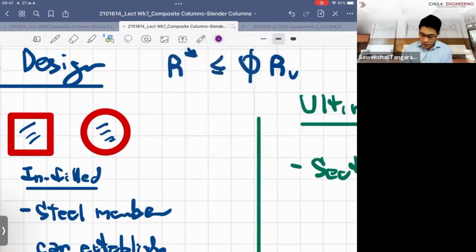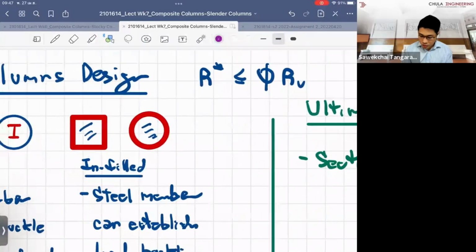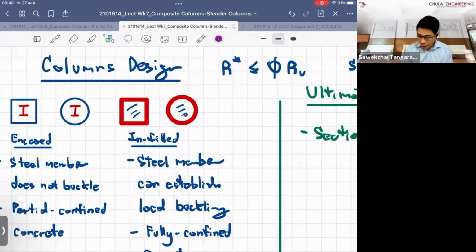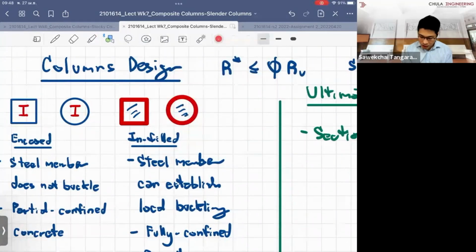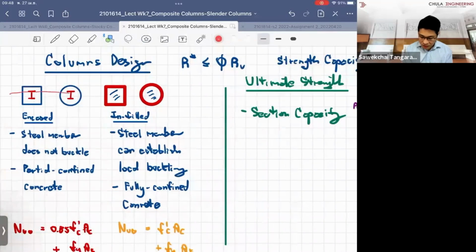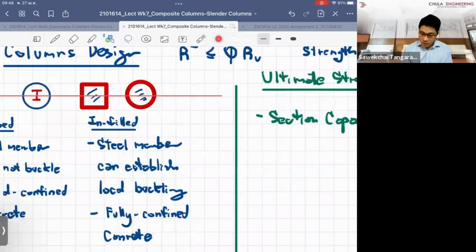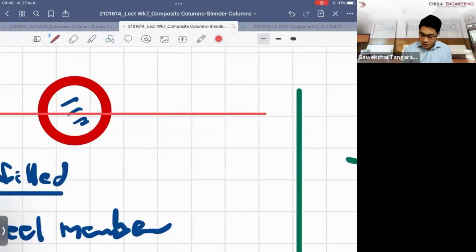When we discuss the forces that apply to the column, we always refer to where they are applied, at the plastic centroid. Remember, if the section is symmetric, it is just a coincidence that the plastic centroid sits at the same location as the centroid of the geometry of the cross-section. But if it doesn't, you have to find where the plastic centroid is.